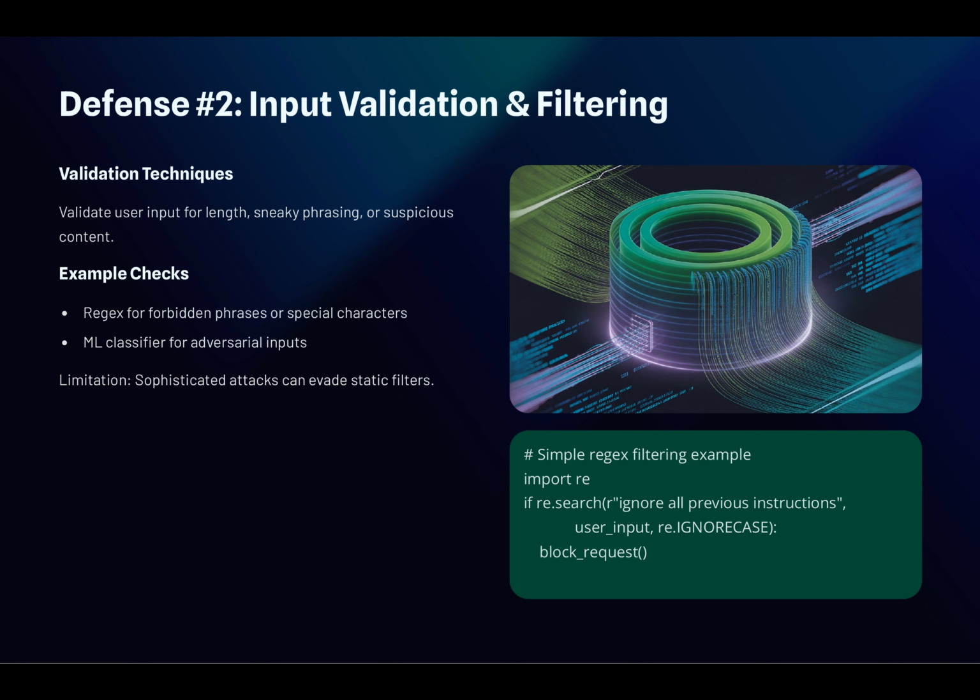Another approach is to employ machine learning classifiers specifically trained to spot adversarial or manipulative inputs. It's important to note, however, that while these methods can catch many obvious attacks, sophisticated prompt injections may still slip through, since static filters often have limitations.